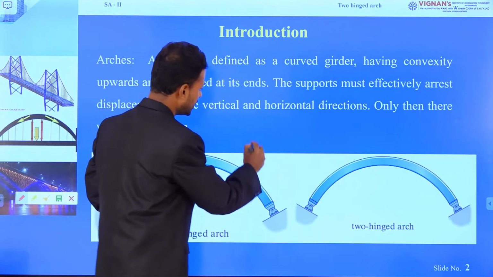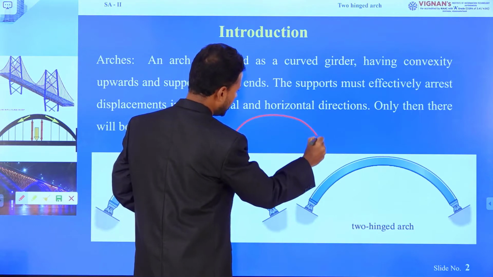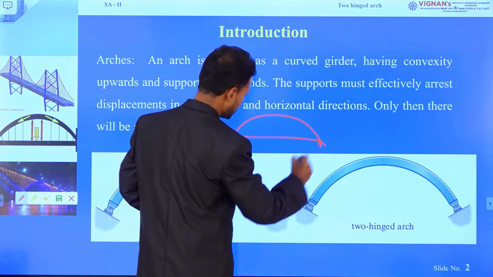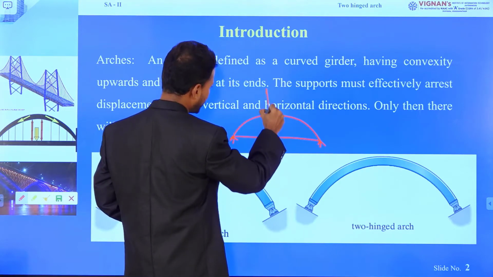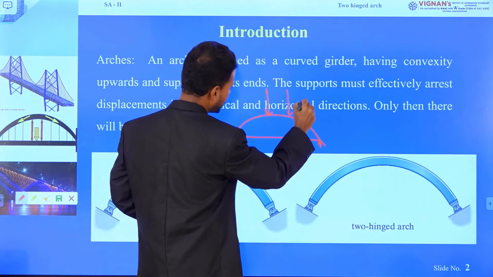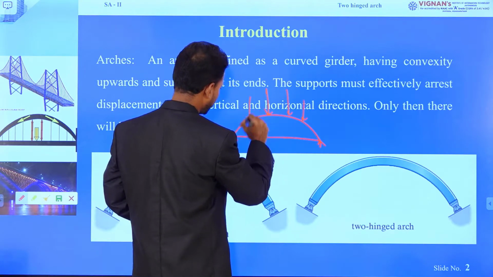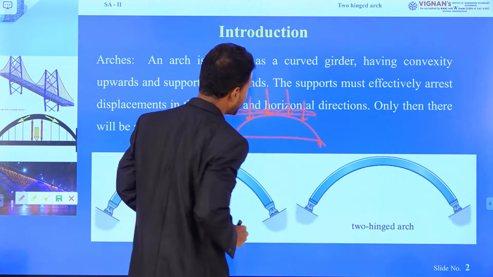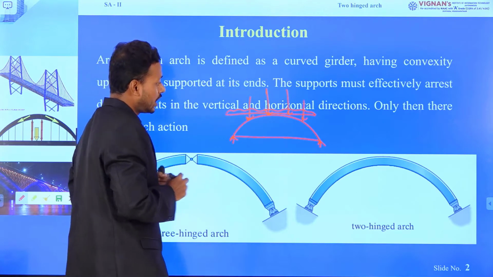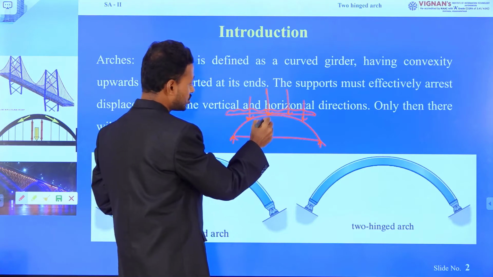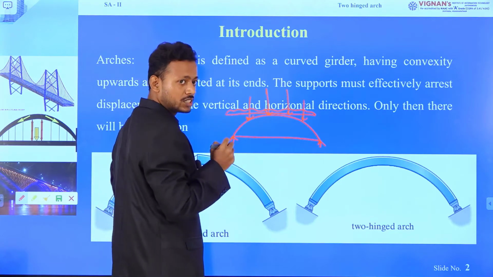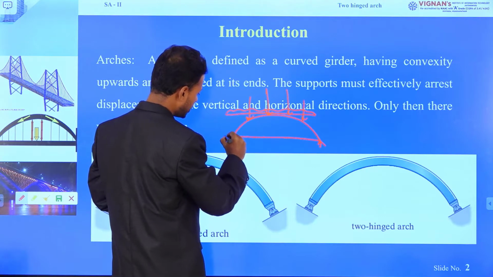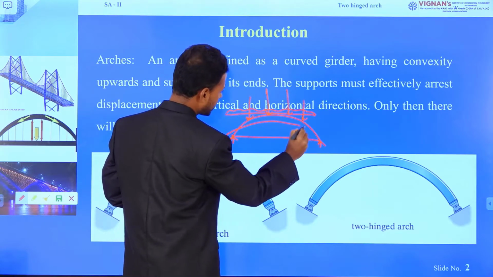Just see, an arch structure is a curved girder. Now, when the load is applied at different positions and also UDL is applied at different positions, the curved girder gets compressed, or the supports of the arch try to spread.